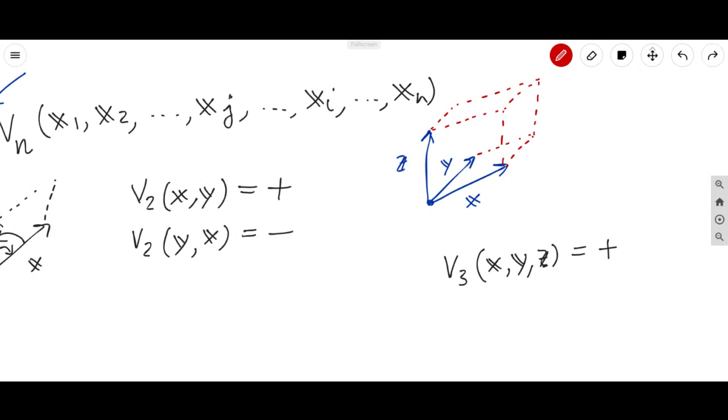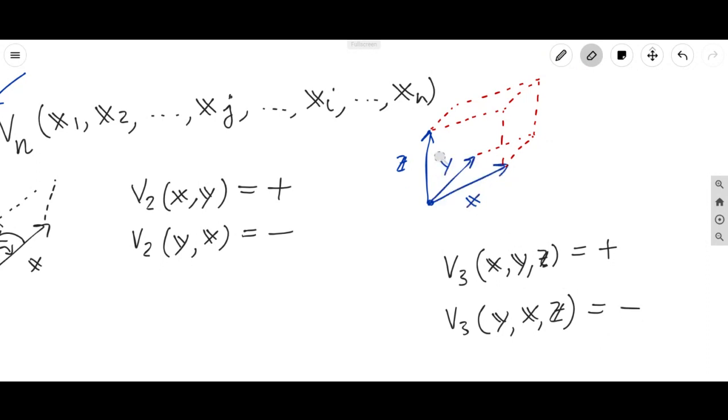So everything works out. But let's suppose you take x and y and you were to flip them. So let's suppose you change the order. Let's suppose you do instead y comma x comma z. You were to flip the order of x and y. You were to take these 2 vectors and interchange them. Then you get a negative number. Now you can see why this works, because look what happens.